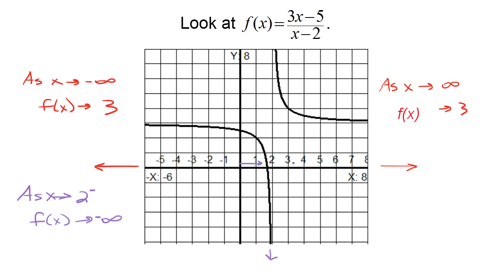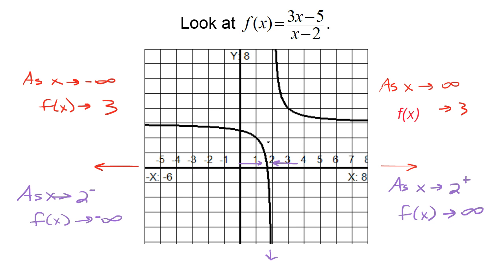And on the right side, as x approaches 2 from the right, look what happens here. My values for y are getting very, very large. So I would say as x approaches 2 from the right, f of x is approaching positive infinity.